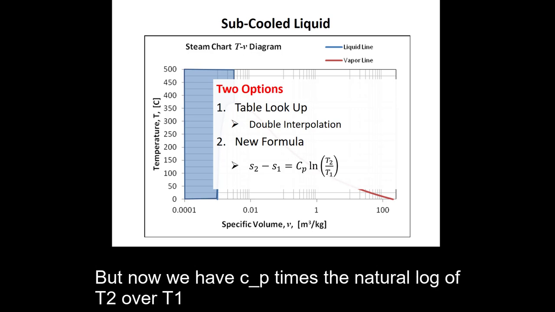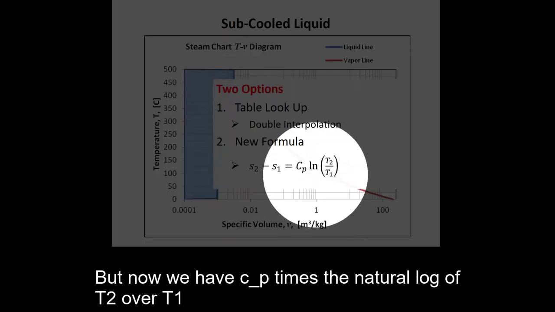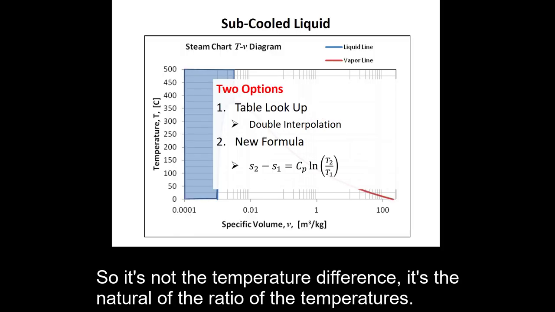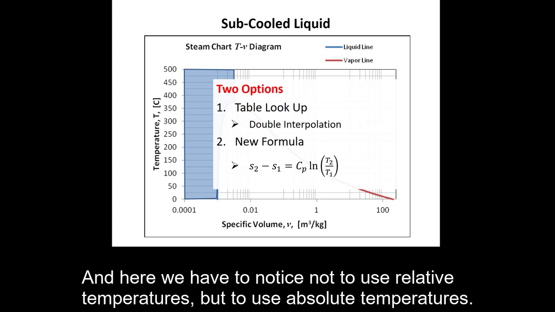But now we have Cp times the natural log of T2 over T1. So it's not the temperature difference, it's the natural log of the ratio of the temperatures. And here we have to notice not to use relative temperatures, but to use absolute temperatures.